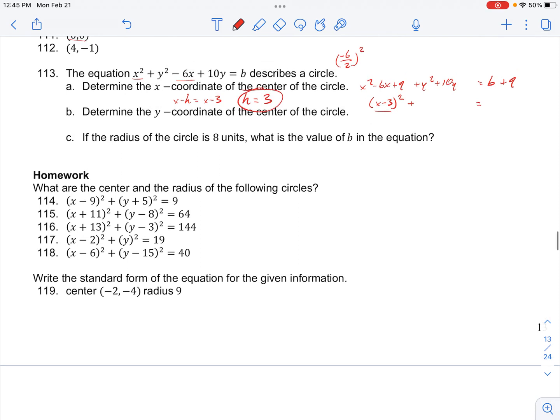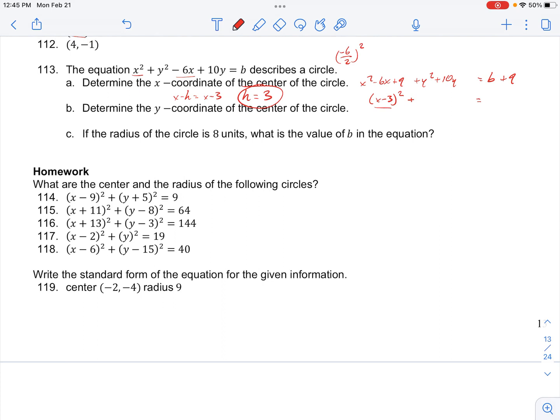Now for part B, we want to determine the y-coordinate of the center, so we're going to go ahead and factor for y. So we're going to do the same thing, so b over 2 squared is how you complete the square. So we have 5 squared, which is 25, so we're adding 25 to both sides. So now we can go ahead and factor y, so we have y plus 5 squared.